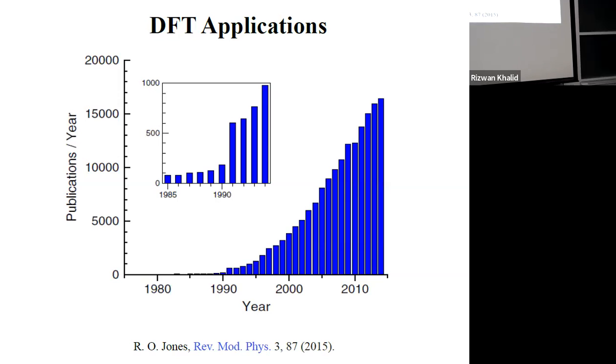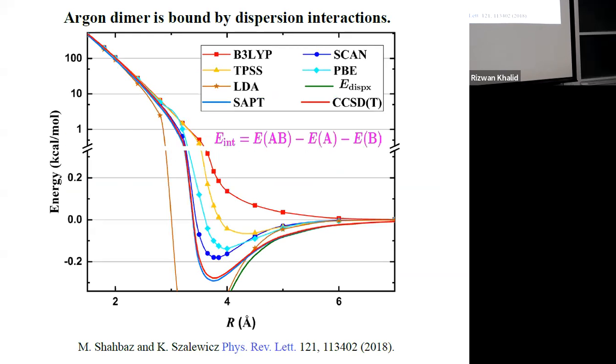This is a graph showing that DFT is quite popular. I don't think I need to tell this to anybody. So here is a system of two argon atoms for which the interaction energy is provided by the interaction of instantaneous multipoles. This is about 3.76 angstrom.